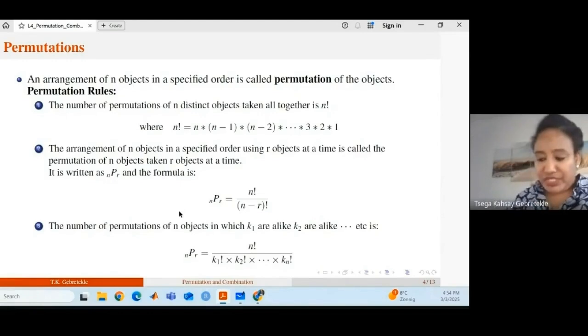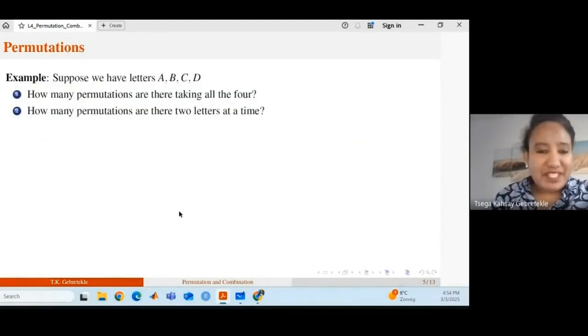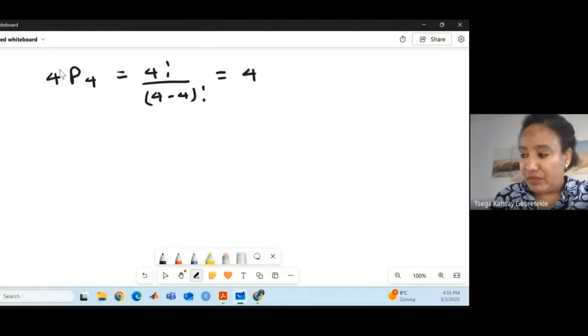Let's consider examples. Suppose we have letters A, B, C, D. How many permutations are there taking all the four? 4 permutation 4 is 4 factorial divided by 4 minus 4 factorial, which is 4 factorial divided by 0 factorial.